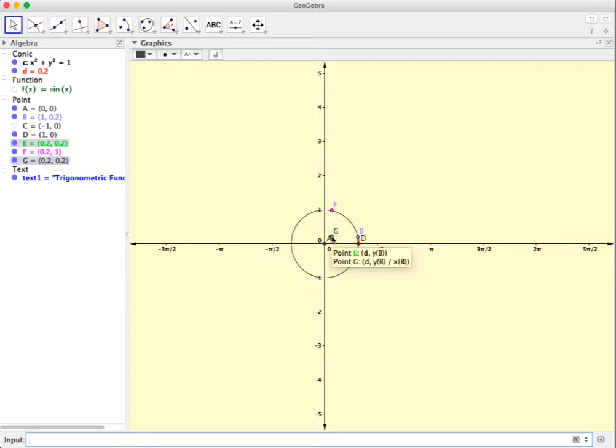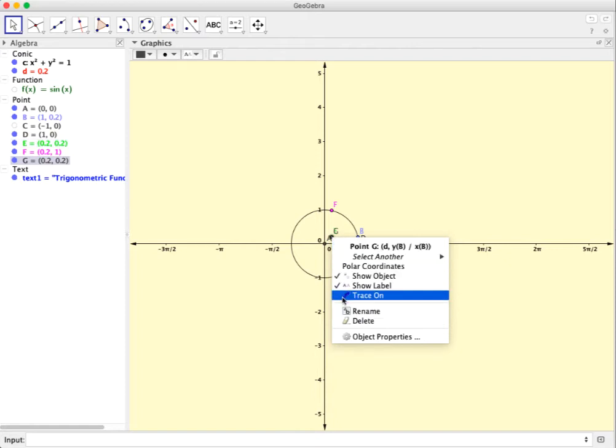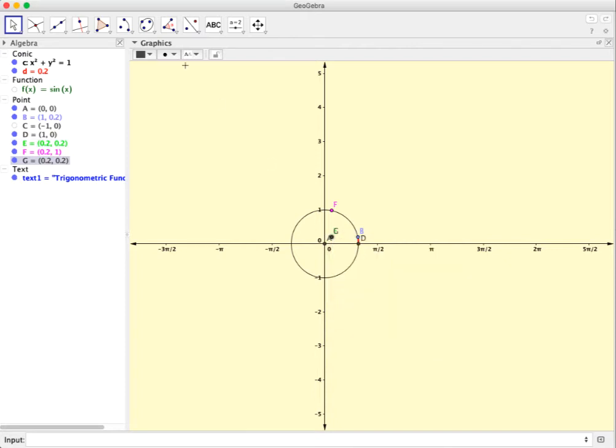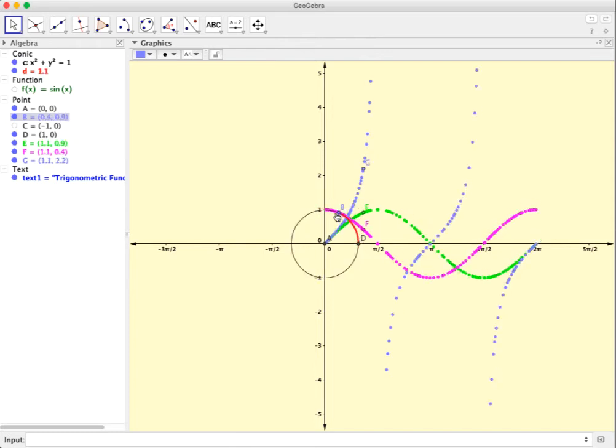Keep an eye on this new point, which is G, and let's select the trace and change its color. Which color do you want? Okay, let me take light blue, and let's move the point B around the unit circle. There. So you have the third function coming up as well.